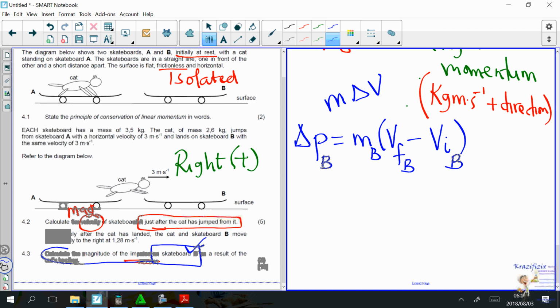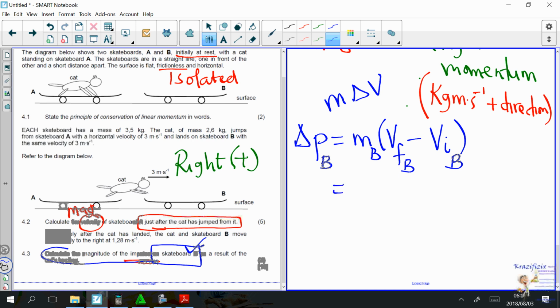If you are using the cat, we can also use the cat to calculate. We'll try that. We can use the cat all through, or just the skateboard alone, because the impulse should be the same according to Newton's third law. I'm going to prove that to you just now. So if you are dealing with the skateboard, please use the skateboard all through.